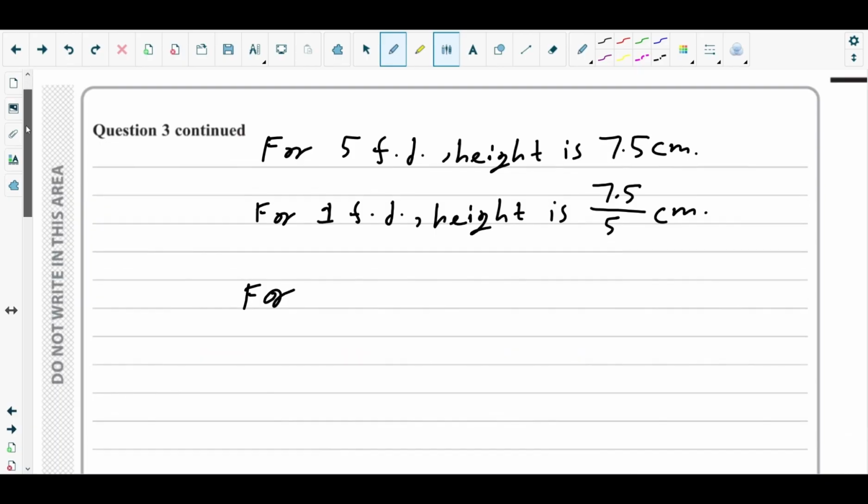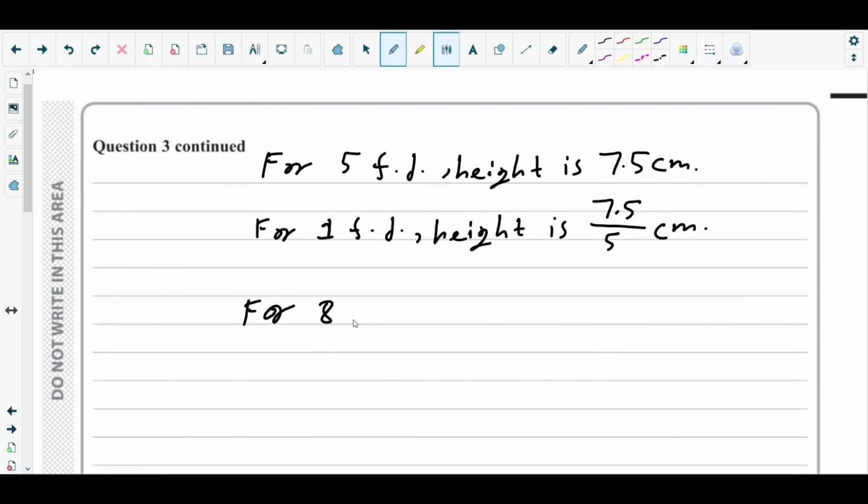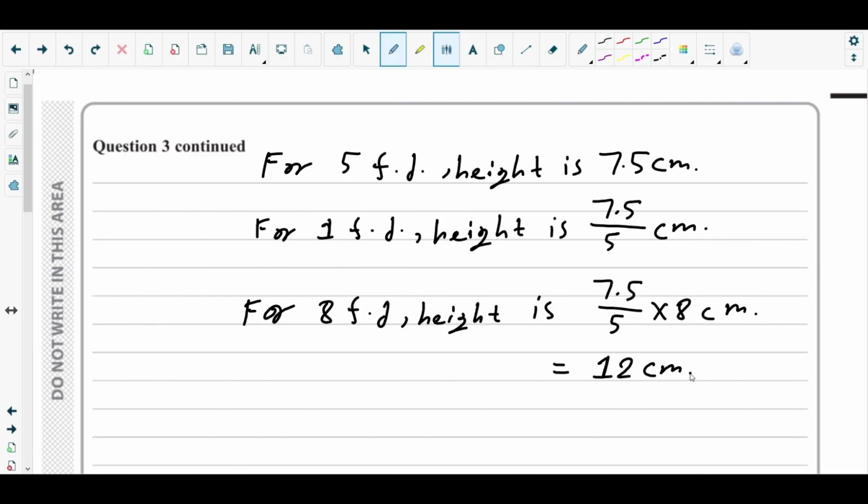So for 8 frequency density, the height is 7.5 over 5 times 8 centimeter. 7.5 is basically 15/2. So 15/2 times 8, there is 4, so 60/5. So 60/5 is basically 12 centimeter. Okay, so 12 centimeter. Done.